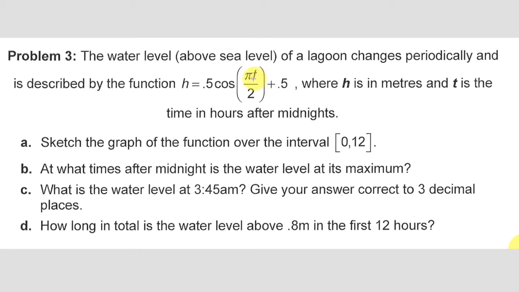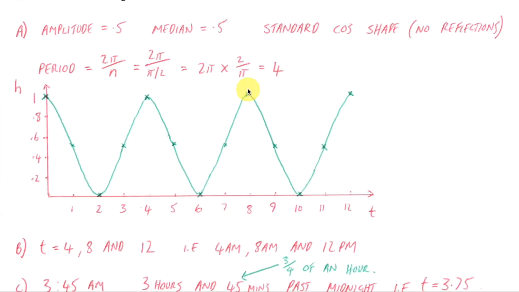I can think of that as being pi on 2 times t, so the n is pi on 2. So it's 2 pi over pi on 2, to give me 2 pi times 2 on pi, which is 4. So it takes 4 hours to do one complete cycle, and that's clearly shown in the graph here. After that, the wave begins to repeat itself.